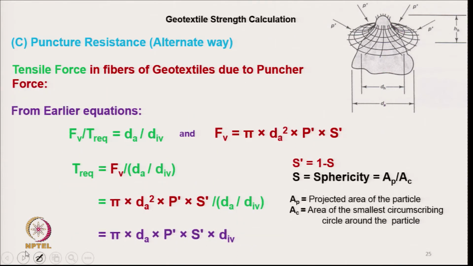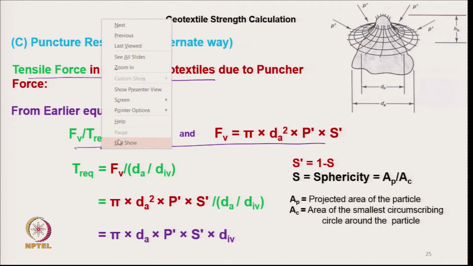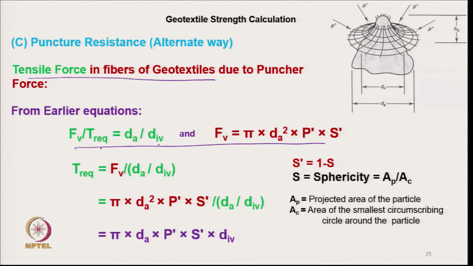Now, from these relationships we get the tensile force exerted on the geotextile due to puncturing. We have seen these two relationships: Fv by T required equals dA by dv, and also Fb equals pi dA square P dash S dash, where P dash is the pressure and S dash is the shape factor.